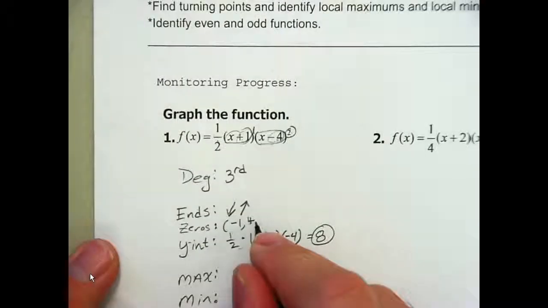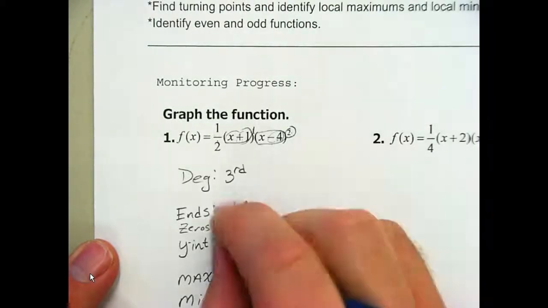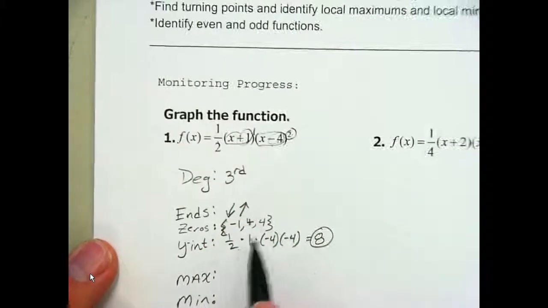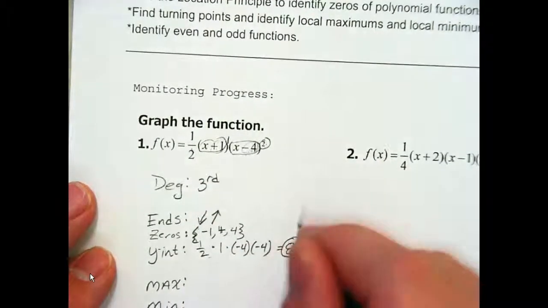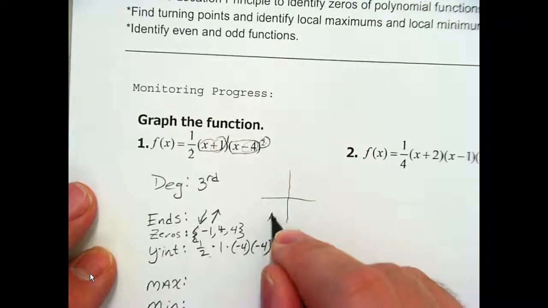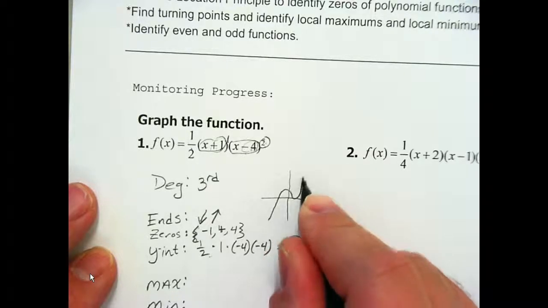Now that means we have a turn at 4. So think of it this way. If I did a quick sketch here, I know I start down here, I jump up through -1, and then I've got to come back down and hit 4 and jump back up.